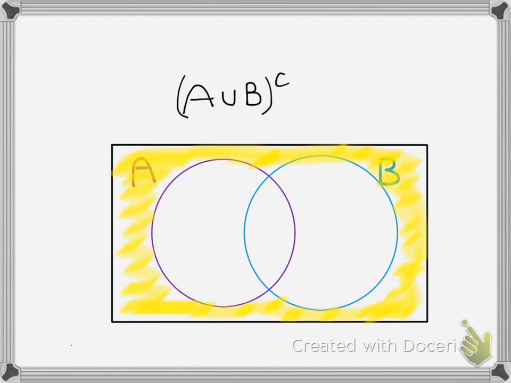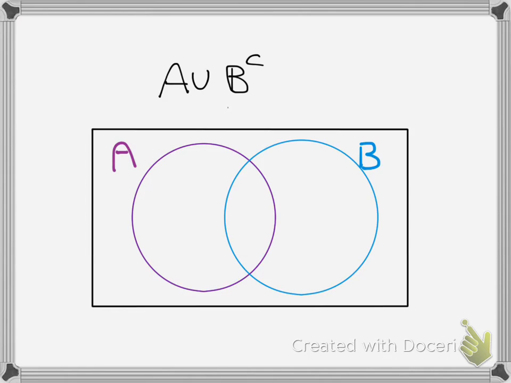All right, now we get to some fun stuff. Now I want to join A with the complement of B. So before I get started with this, the complement of B, just so we're clear, will be the outside region here, right? Anything that is not in B is in the complement of B. But we are joining that.